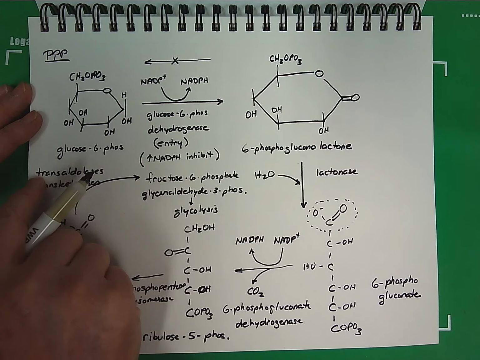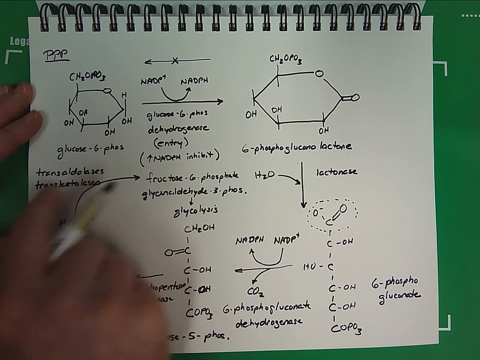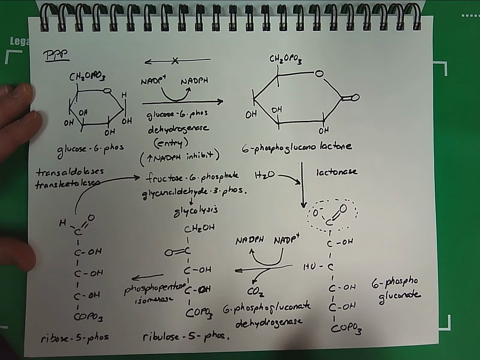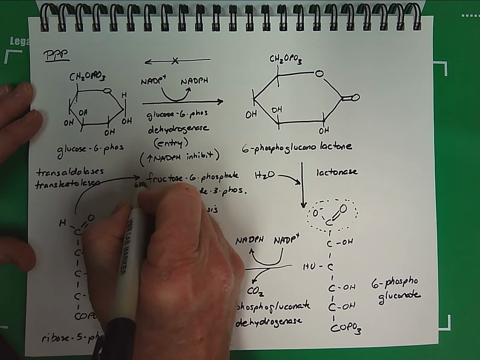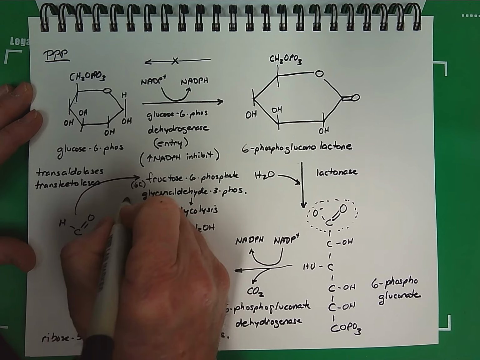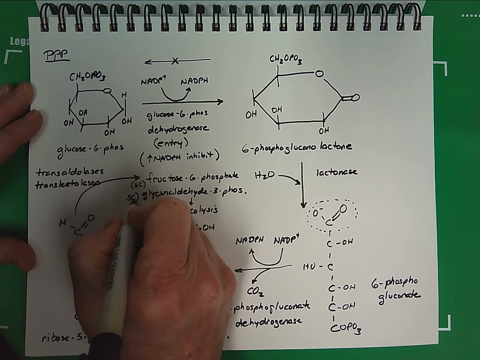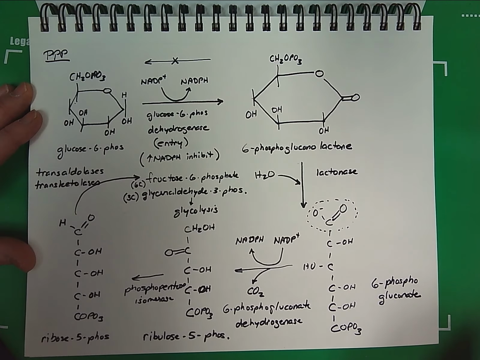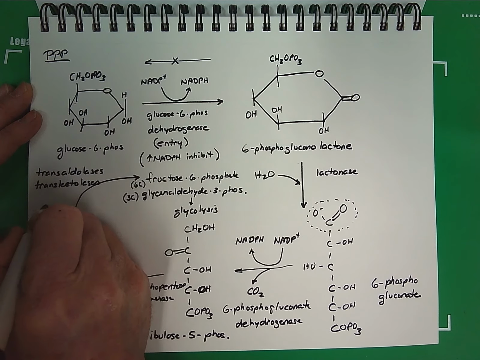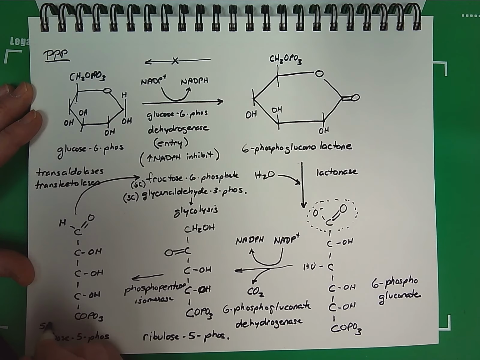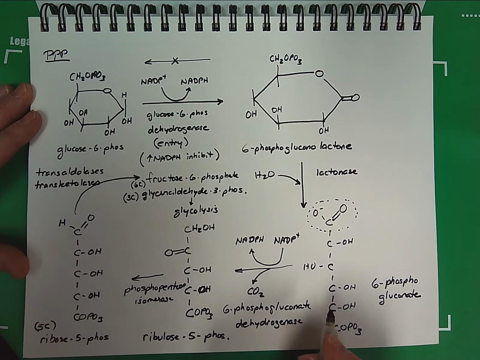Now, the complexity of the reactions between the transaldolases and transketolases is something that is unnecessary for our course to be bothered with. But keep in mind the complexity is that fructose is a 6-carbon molecule, glyceraldehyde 3-phosphate is a 3-carbon molecule, ribose is a 5-carbon molecule.